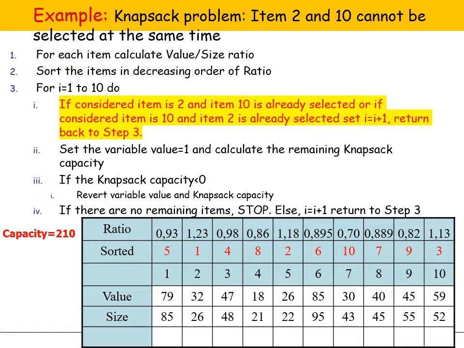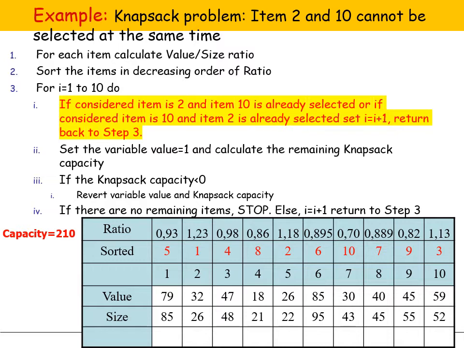And then we are sorting these items with respect to their ratios in decreasing order. So the largest ratio, the highest ratio is item 2. So it's sorted in the first place. And then we have item 5 in the second place, and so on.